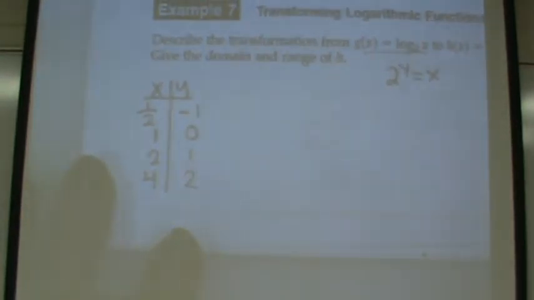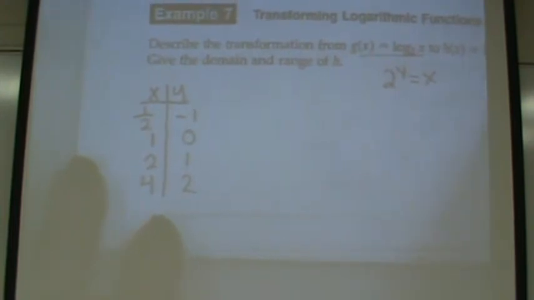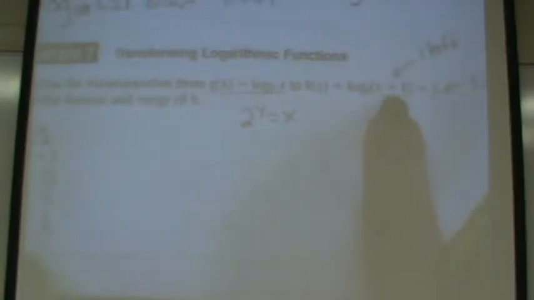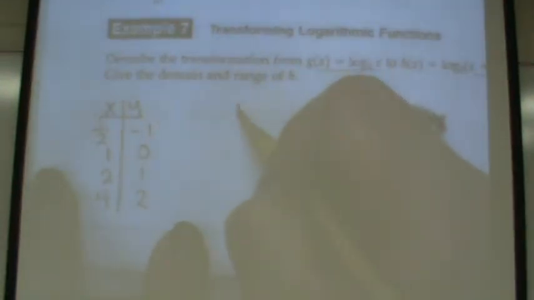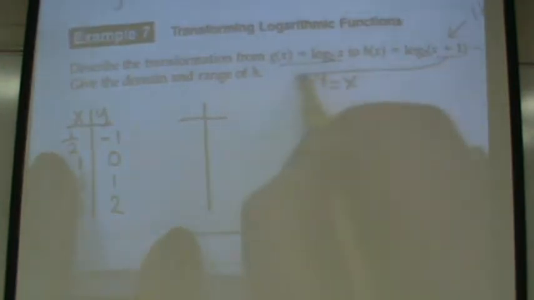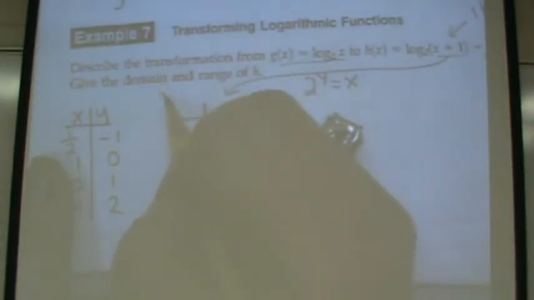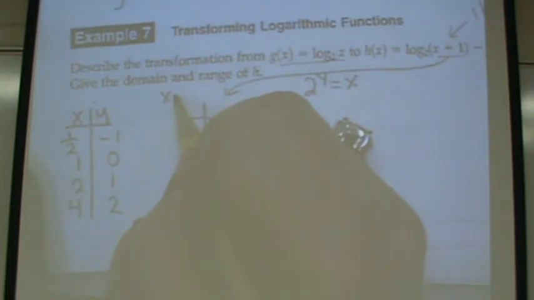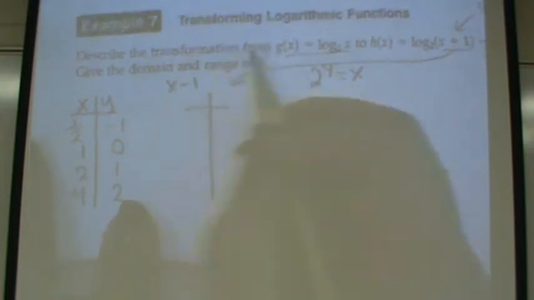Remember this? Now let's do the transformations. This should be an easy one. So what does this plus 1 do right here to our table? You're going to take your x values and do what? Subtract 1.